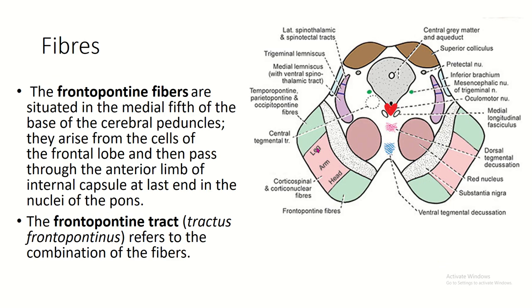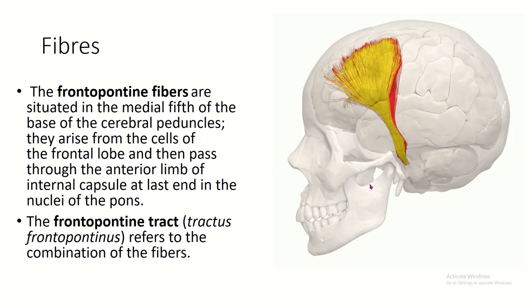And these fibers leave the cerebrum to the crus cerebri of the midbrain. From the lateral part, temporopontine, parietopontine, and occipitopontine fibers leave the cerebrum. From the middle part, corticospinal and corticonuclear fibers, and from the medial most part, frontopontine fibers.